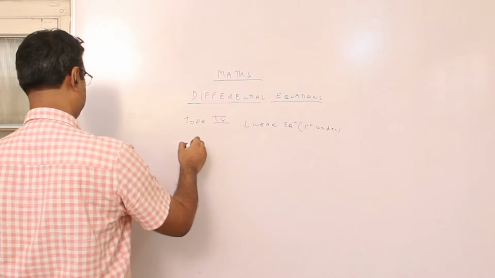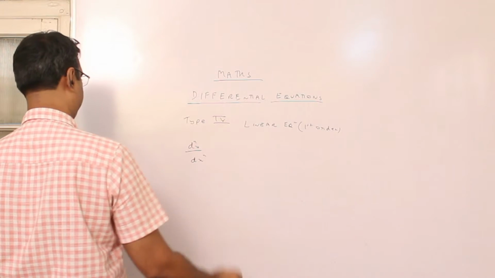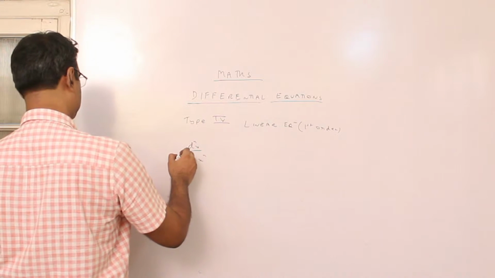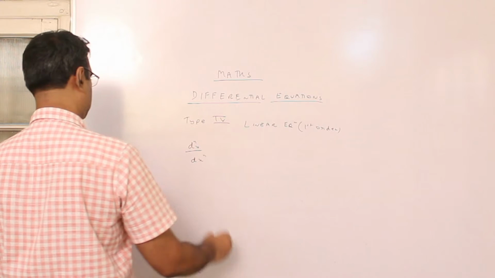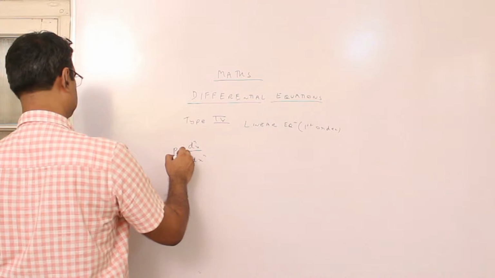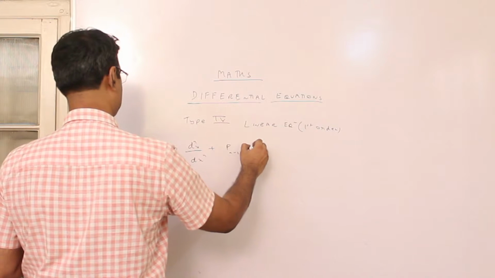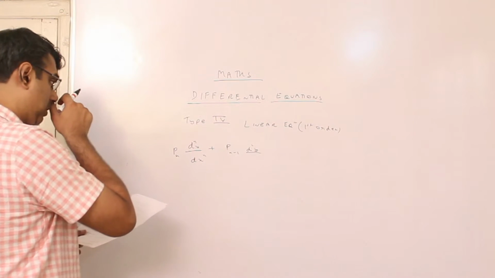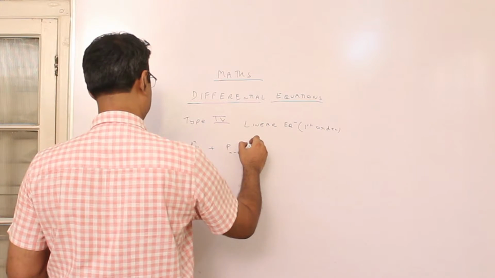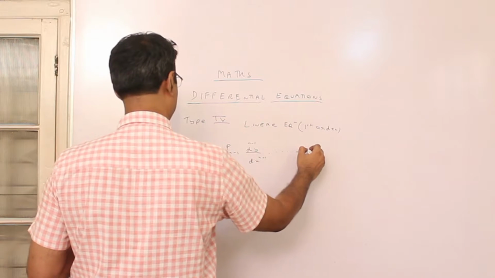Suppose you have an equation like this: d^n y by dx^n plus Pn into d^n y by dx^n plus Pn minus 1 into d^(n-1) y by dx^(n-1), and so on.